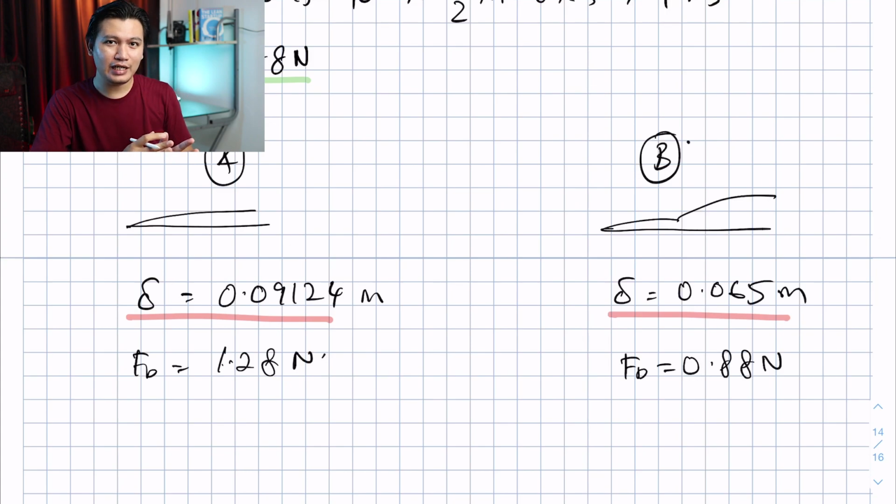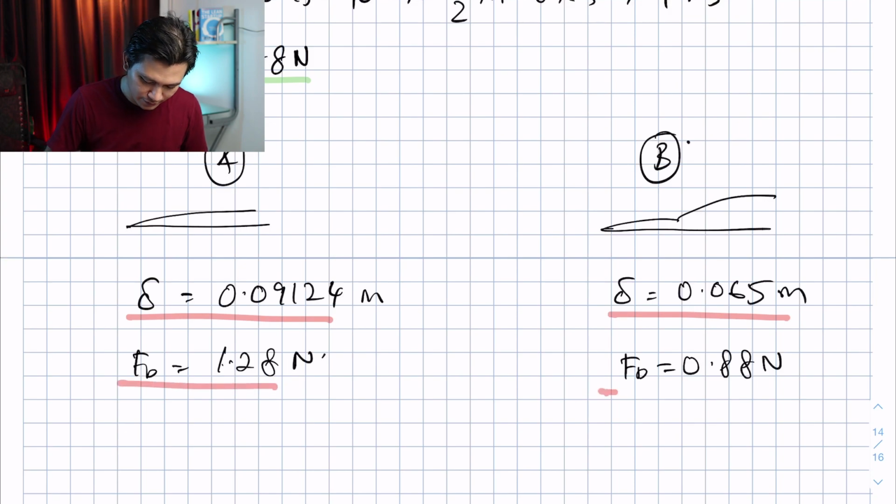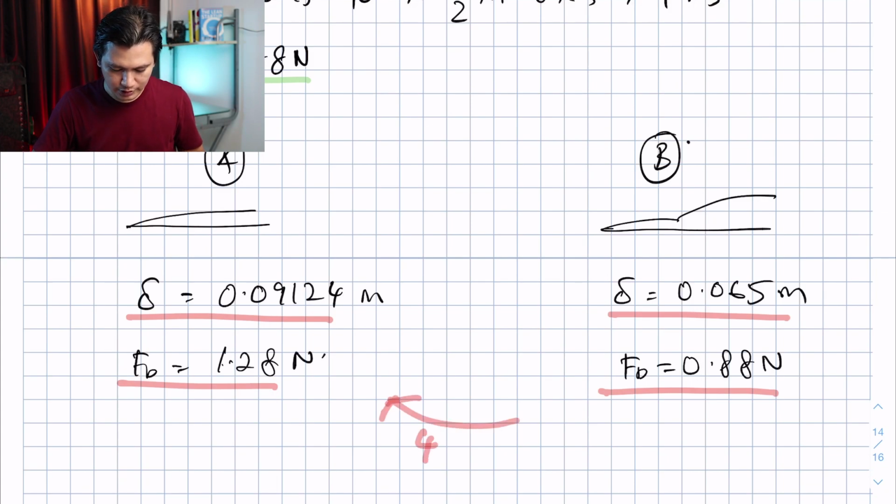So if you neglect laminar, you have the risk of overestimating del, and also the risk of overestimating the drag force. Here it is quite significant, because the actual case, case B, is about 45% smaller than case A.